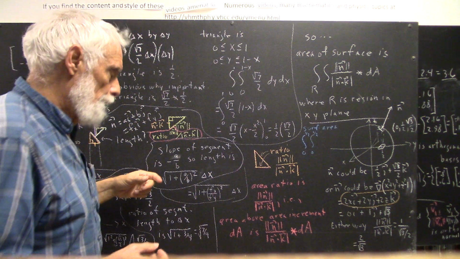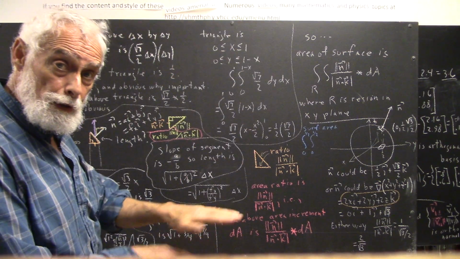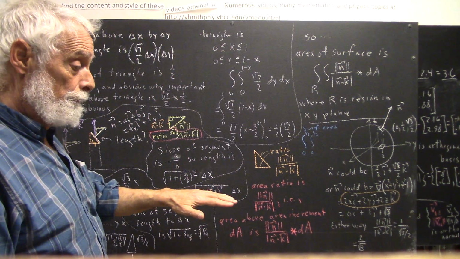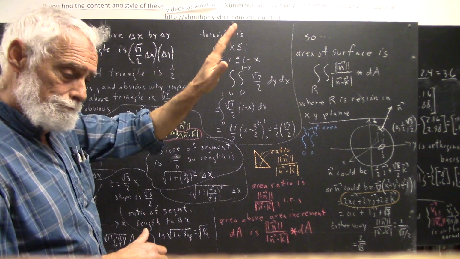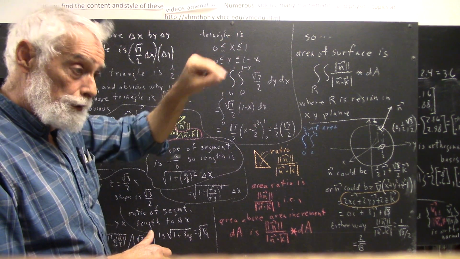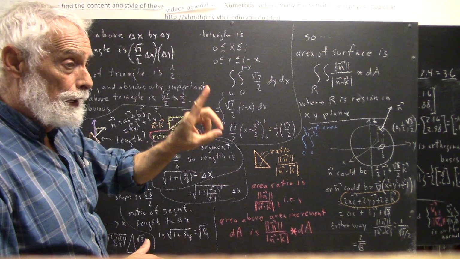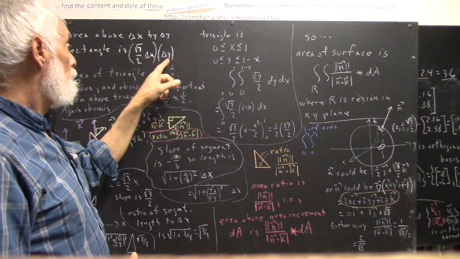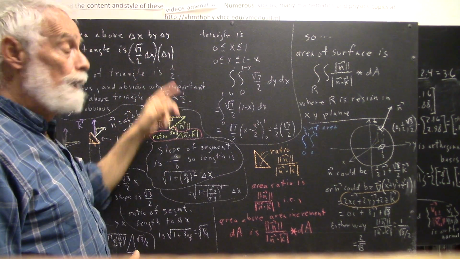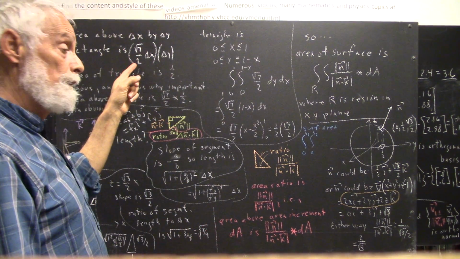We can think of the fact that every small increment delta x by delta y of area down in the xy plane has above it a rectangle with dimensions delta y by square root of 7 over 2 delta x. So the areas down here have a multiplier of square root of 7 over 2.